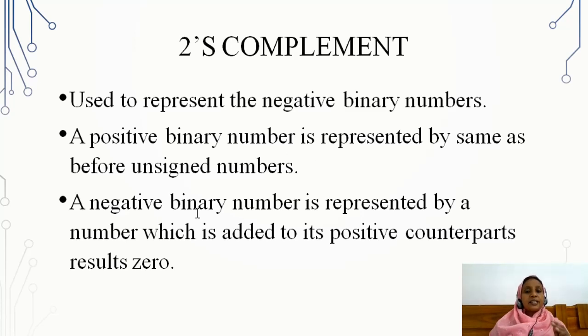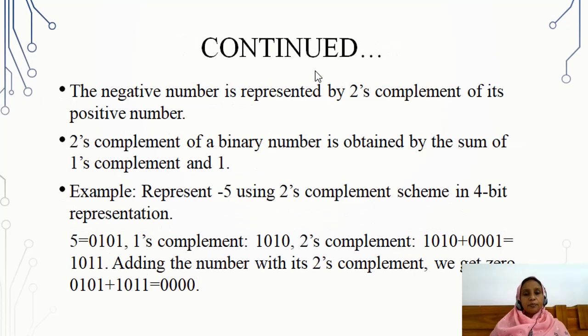But a negative binary number is represented by a number which, when added to its positive counterpart, results in 0. That means the negative number is represented by the 2's complement of its positive number.